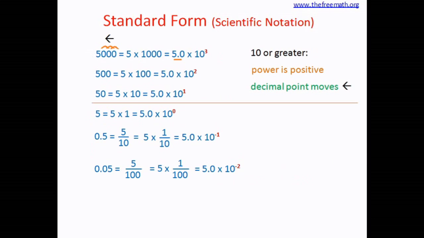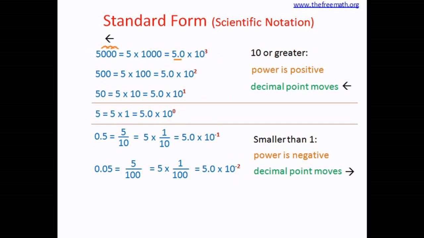Now if you look at the last two numbers, they are smaller than 1. When a number is smaller than 1, then the power is always negative, and the decimal point moves to the right. If you look at the last number 0.05, you can see that the decimal point has moved to the right hand side, and it has moved two places.